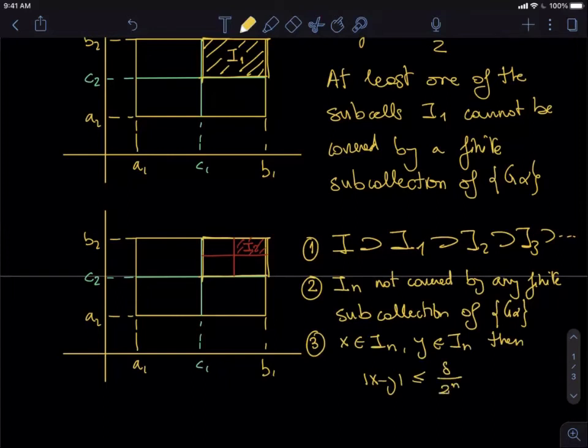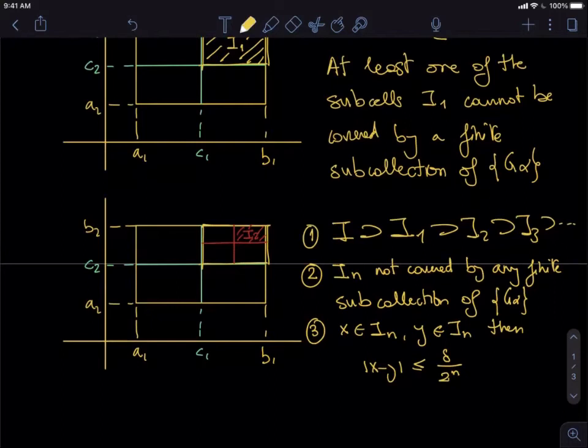Why is this? Because I'm subdividing, I'm dividing the lengths of the sides by 2 every time, and I'm dividing n times. So actually I'm dividing the side by 2, and that implies that the diagonal also must be divided by 2 to the n.